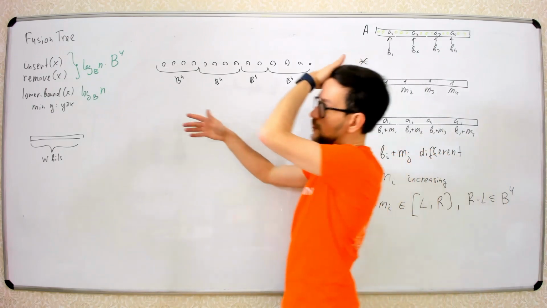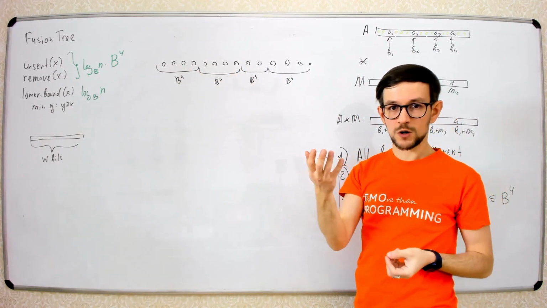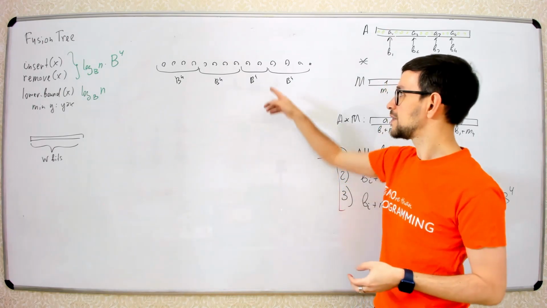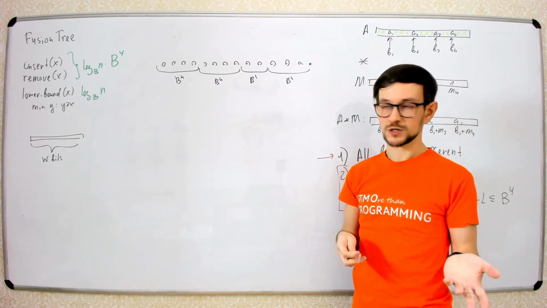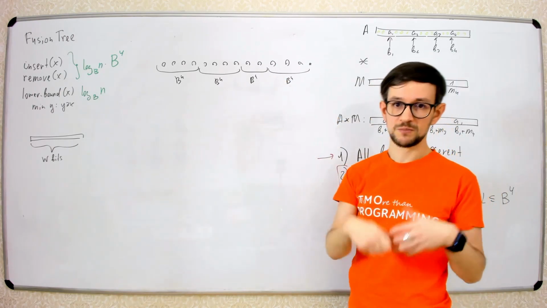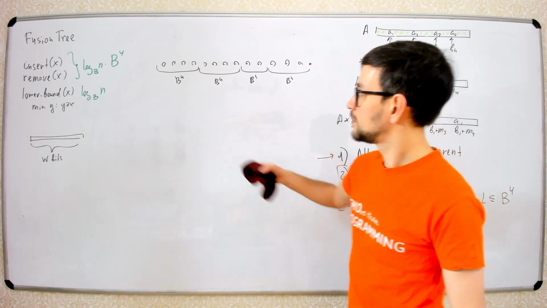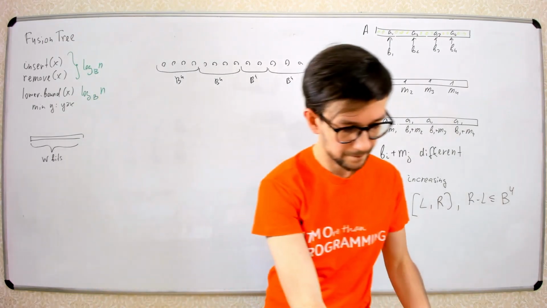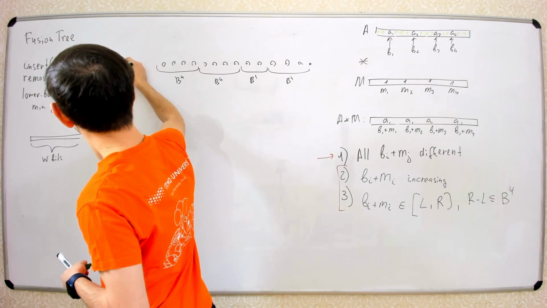Now, how to perform operations? First, you find the lower bound to find the corresponding block, and then you need to find your element inside the block. To do that, you simply use a binary search tree inside each block. So your time complexity will be log n plus log b.